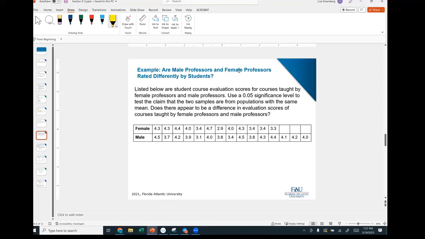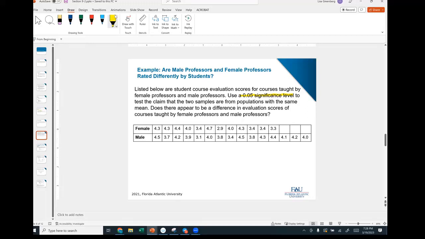Example, are male professors and female professors rated differently by students? Listed below are student course evaluation scores for courses taught by female professors and male professors. We're going to use a 0.05 significance level to test the claim.